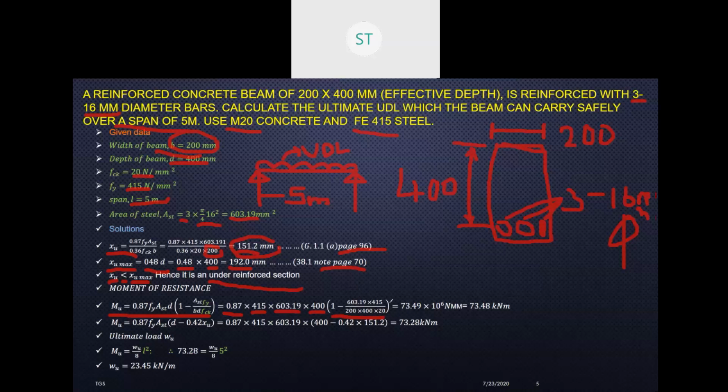Substitute these values. Solving, we get 73.48 into 10 raised to 6 Newton millimeter. Convert into kilonewton meter by dividing by 10 raised to 6: 73.48 kilonewton meter.